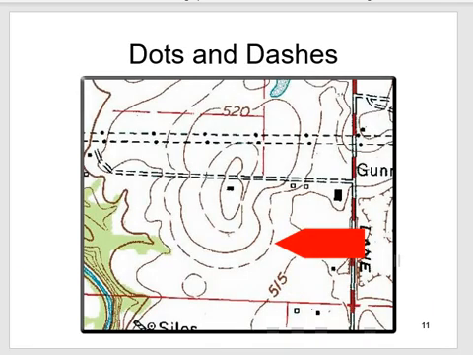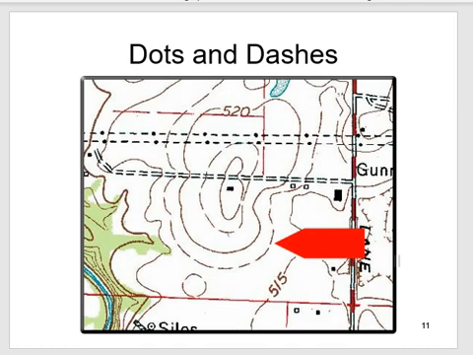On a topographic map, you can also have dots and dashes, which are supplemental contour lines. Maybe your contour interval is 20 feet, but in the Willamette Valley, there are some places where there's not a lot of change in elevation, so they might use what's called a supplemental contour line, maybe a 10-foot contour.